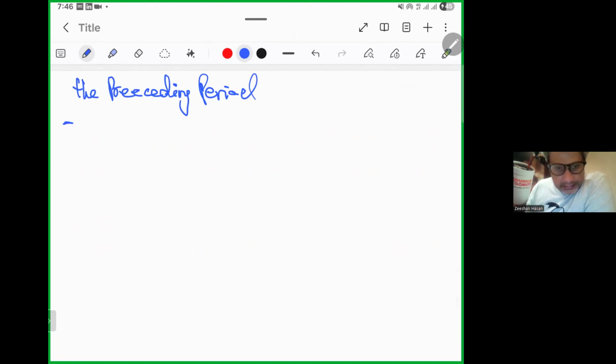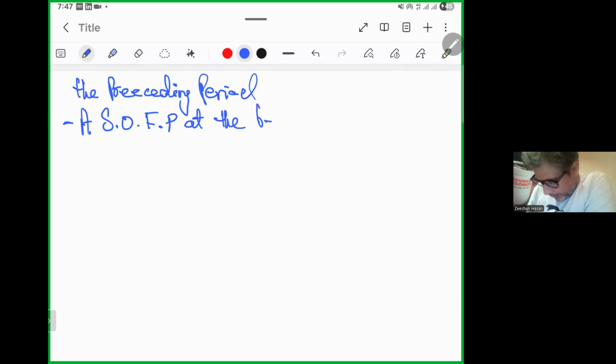And a statement of financial position at the beginning of the period.